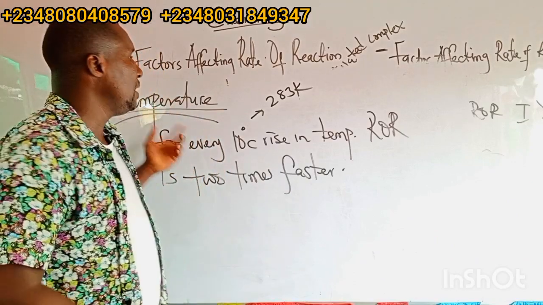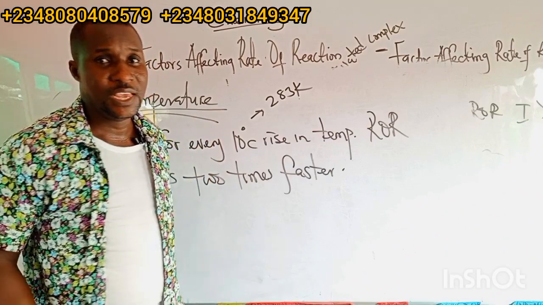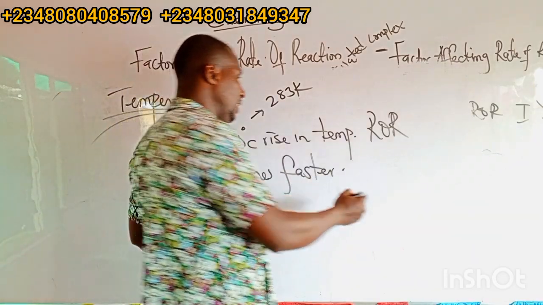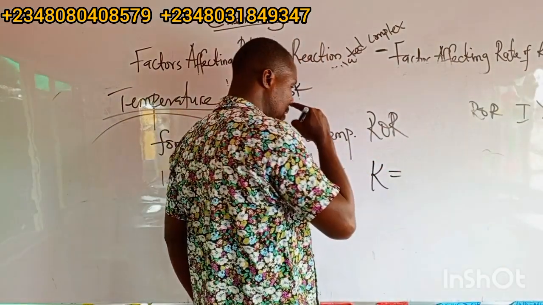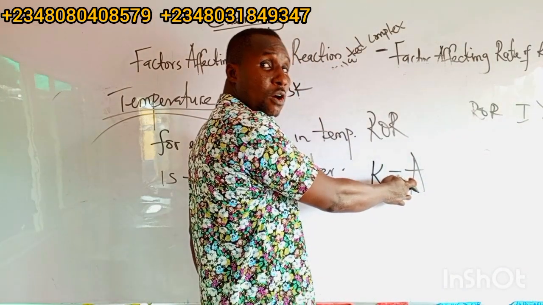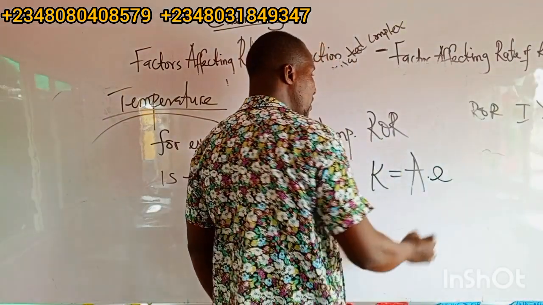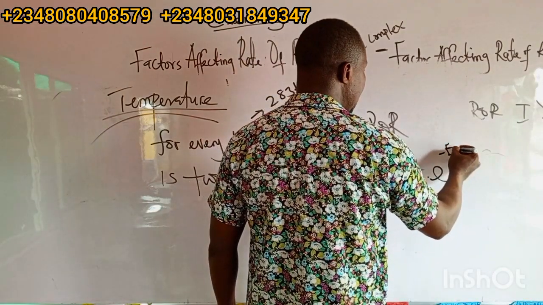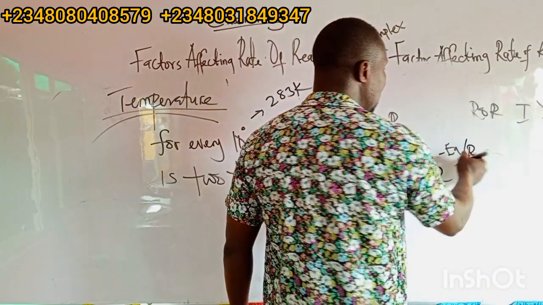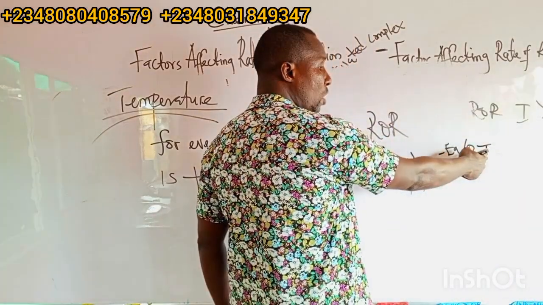In the next video we shall discuss the law that explains the effect of temperature on the rate of reaction, which is known as the Arrhenius equation. The Arrhenius equation says the rate constant equals A, the pre-exponential or frequency factor, times exponential raised to the power minus EA, the activation energy, over R, the gas constant, times T, the absolute temperature.